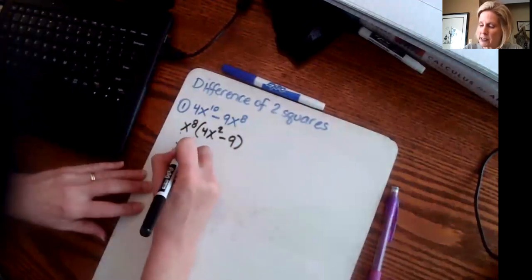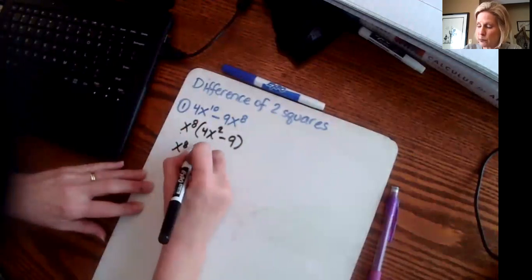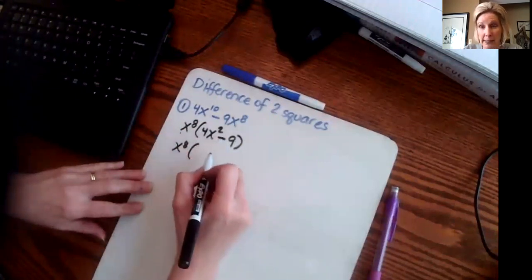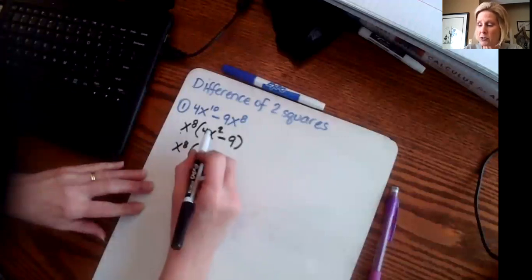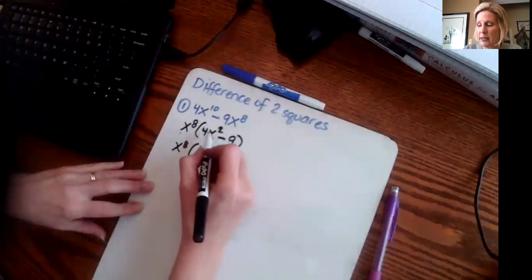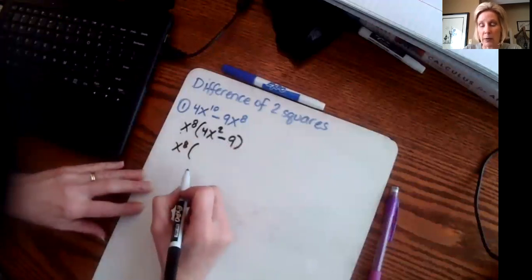X to the 8th needs to be recopied. And remember, since this is a difference because it's a minus sign, perfect squares, 4 is a perfect square and 9 is a perfect square. You know that. X squared is a perfect square.